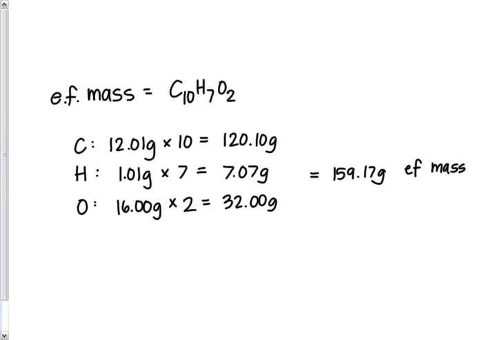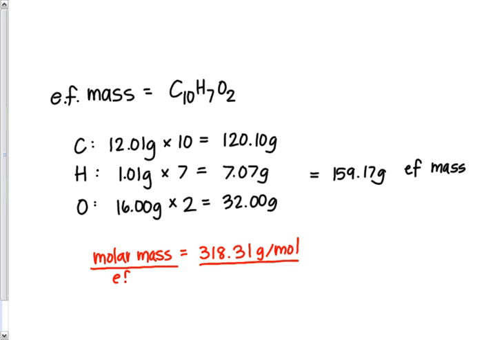Step 5 tells you to take the given molar mass and divide it by this empirical formula mass. So you go back to your problem. The molar mass is given at 318.31 grams per mole. And we're going to divide that by our empirical formula mass, which we just calculated at 159.17 grams.